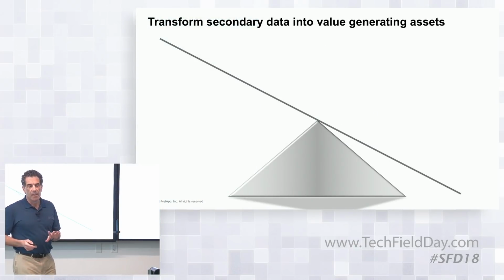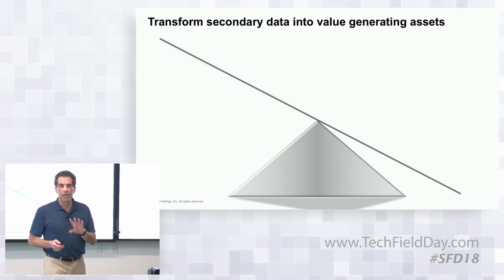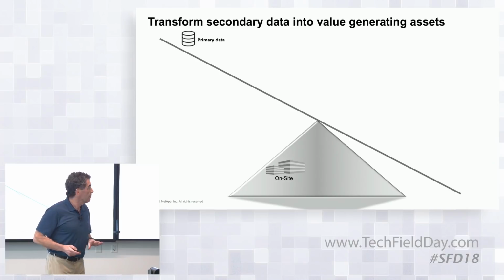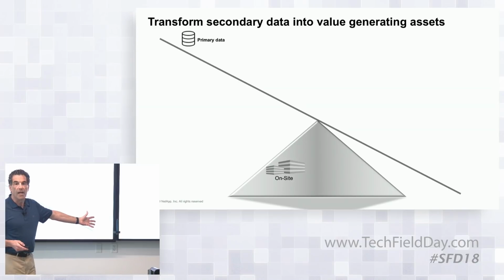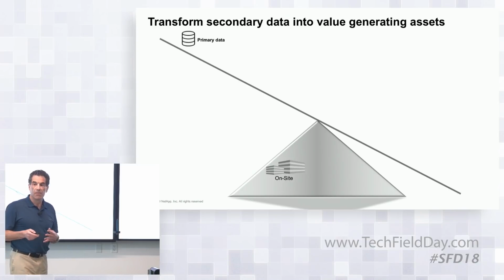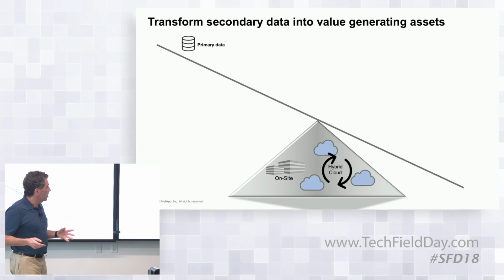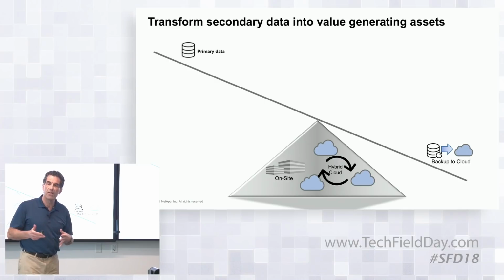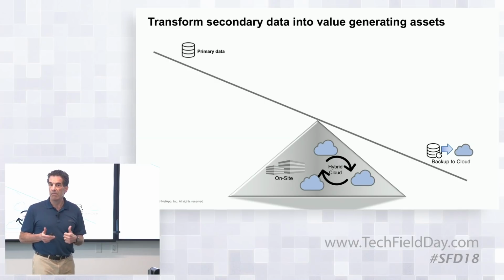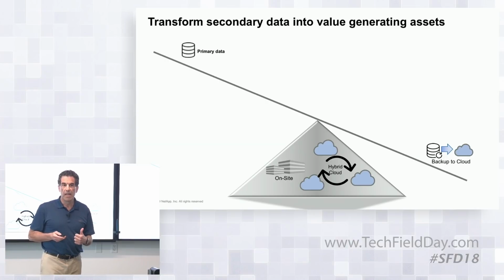And on that point about additional business insight, what we're finding is most of our customers start with primary data, as you can see from the graphic here, on site. Now with the advent of hyperscaler services available in the cloud, our customers are starting to look at the hybrid cloud to extend their infrastructure from on-prem to gain a little bit more nimbleness, flexibility, and budget flexibility.